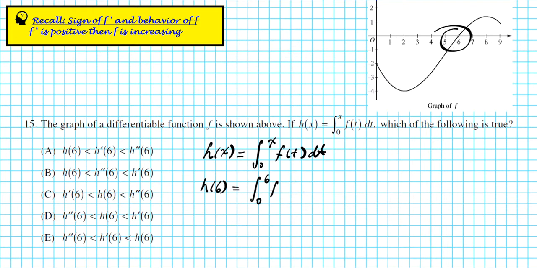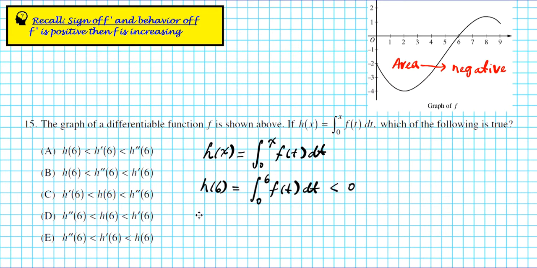Since the function is below the x-axis on that interval, what does that tell us about the area? The area is going to have a negative result. Okay, because it's underneath, the area is going to be negative. So we know for a certainty that this value will be less than 0.